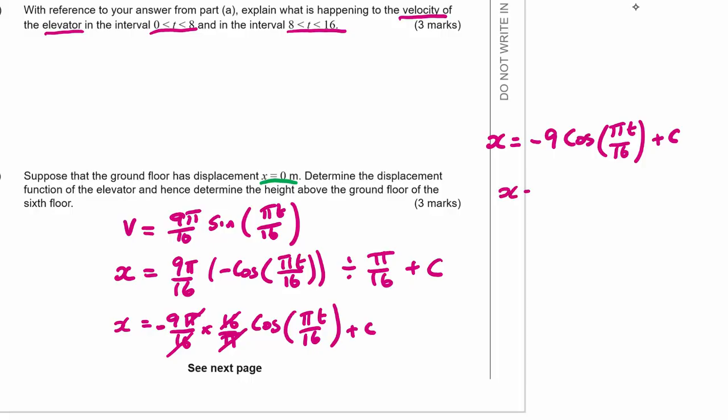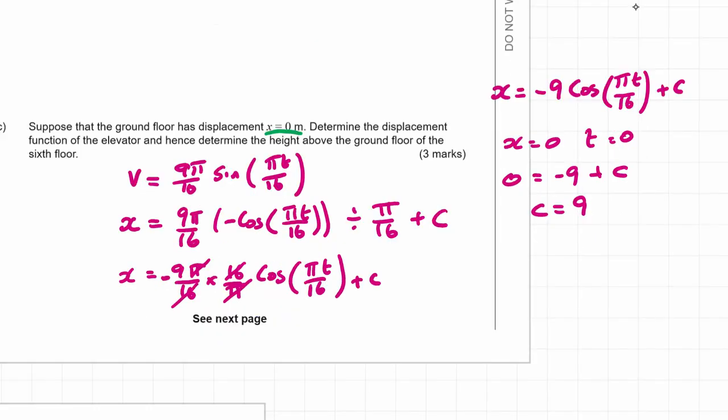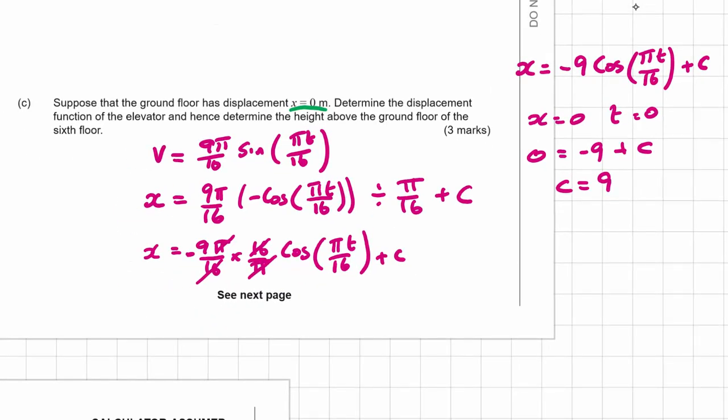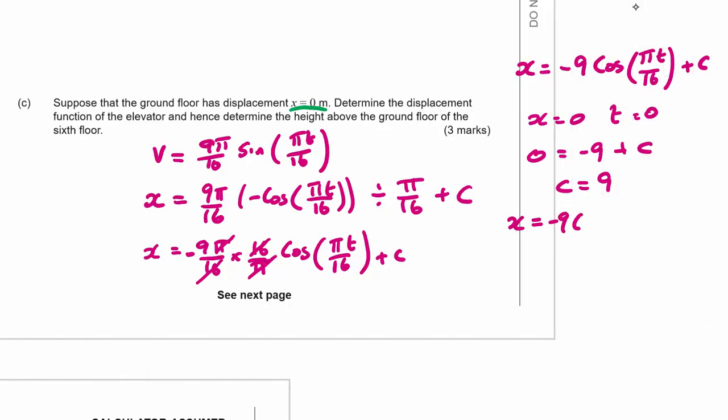And we know that x equals 0 when t equals 0. And so 0 is going to be negative 9 because the cosine of 0 is, of course, 1 plus c. So c equals 9. So x is going to be equal to negative 9 cos pi t on 16 plus c.